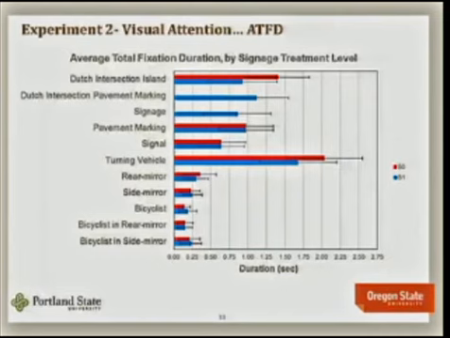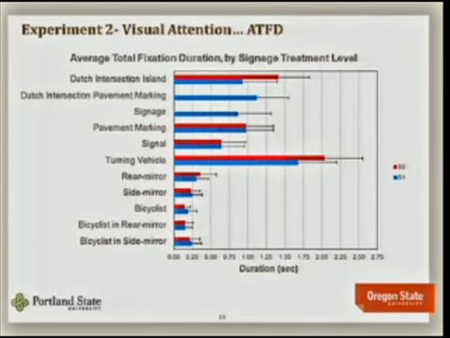Another way to think about that visual attention is to isolate two scenarios where we introduce a particular treatment in one and remove it in another and try and understand what happens. This is the comparison between our two sign alternatives. So there is no warning sign or there is a warning sign. In most cases, we see an increase in the visual attention allocated to the bicyclist in the presence of the warning sign.